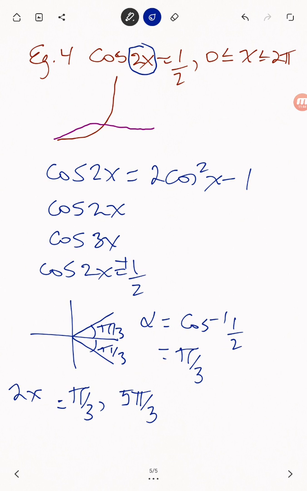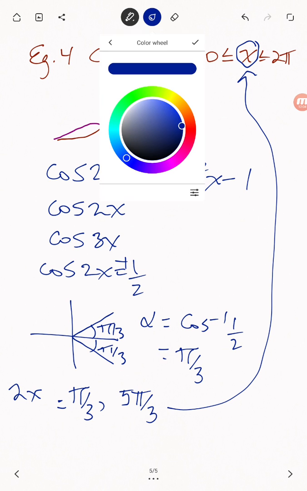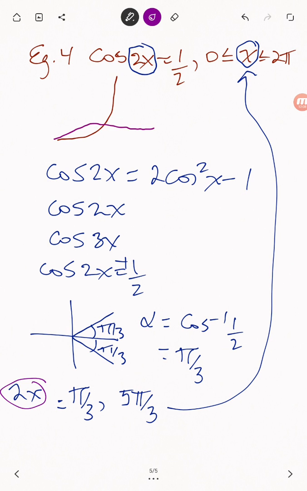Now before we divide these angles by 2 to find out what x equals, we need to keep going for a bit, because remember our domain up here, x between 0 and 2 pi, was only applicable to x. We need to know what the domain should be for 2x.